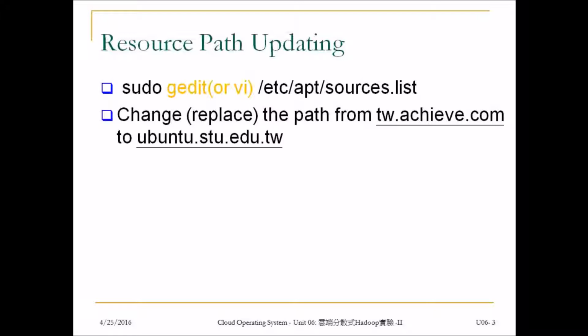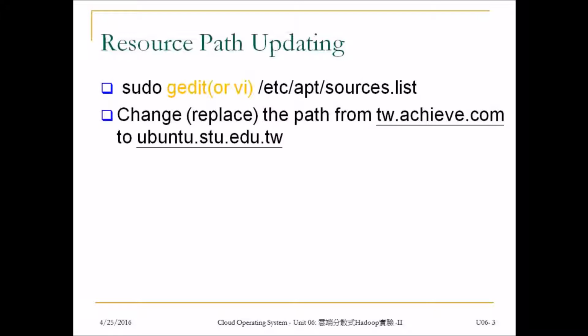No matter whether you use the Ubuntu desktop or the Ubuntu Enterprise Cloud, you need to add the source file for package updating in the terminal environment or in the graphical user interface environment. You need to give the command.